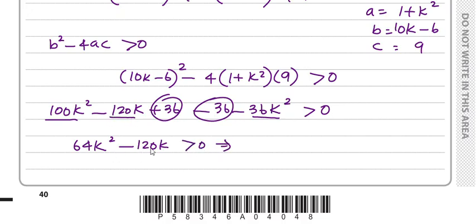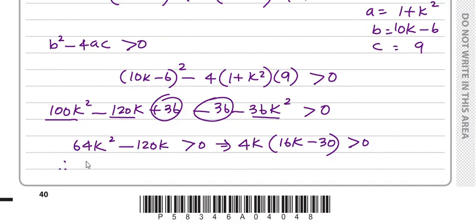This means if I factorize this, what's common here? 4k goes into both terms, so I will take out the 4k: 16k minus 30 is greater than 0. Checking out 64k squared minus 120k. All right.